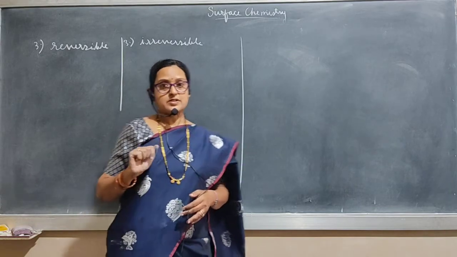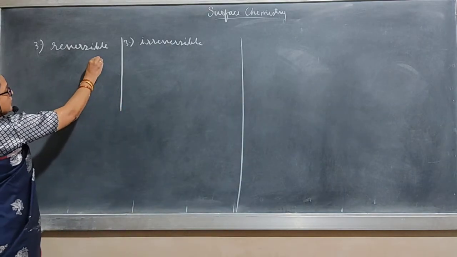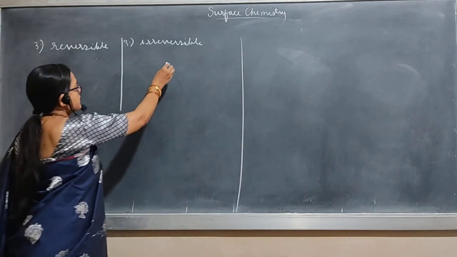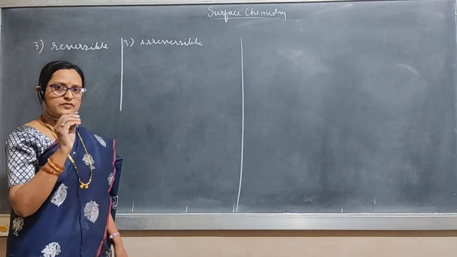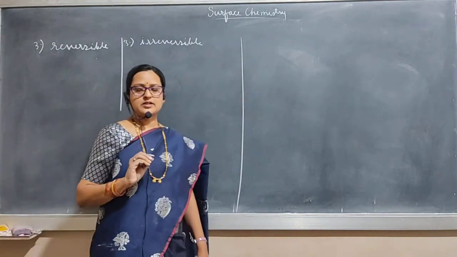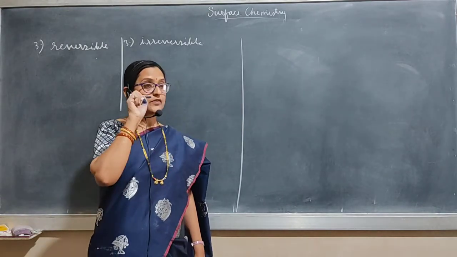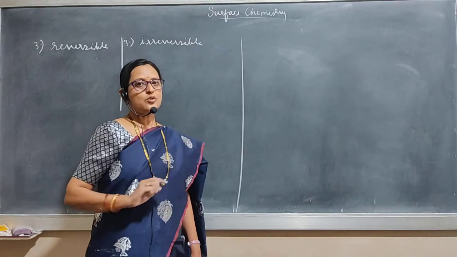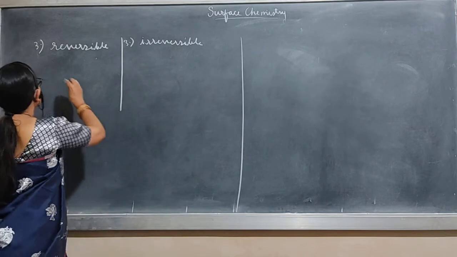So it is reversible. If the solvent is dried up, you can again transform it into the sol. Whereas in lyophobic, when you add a little amount of electrolyte, it is converted into the sol. After forming this, the sol is converted into the precipitate. After forming the precipitate, again you cannot get the original substance. So it is called irreversible.